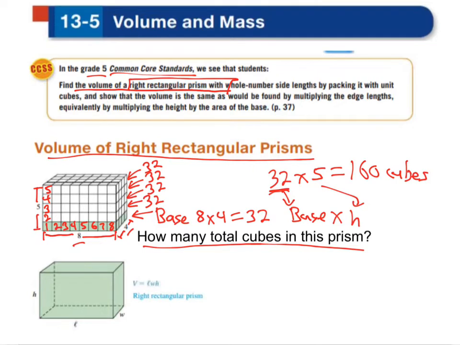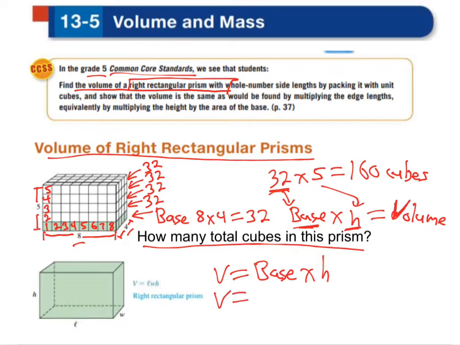We found what was on the base level and multiplied it by the height. That is basically how you find the volume of any three-dimensional shape that comes straight up, not a pyramid that comes to a point. So the volume again is base times the height.